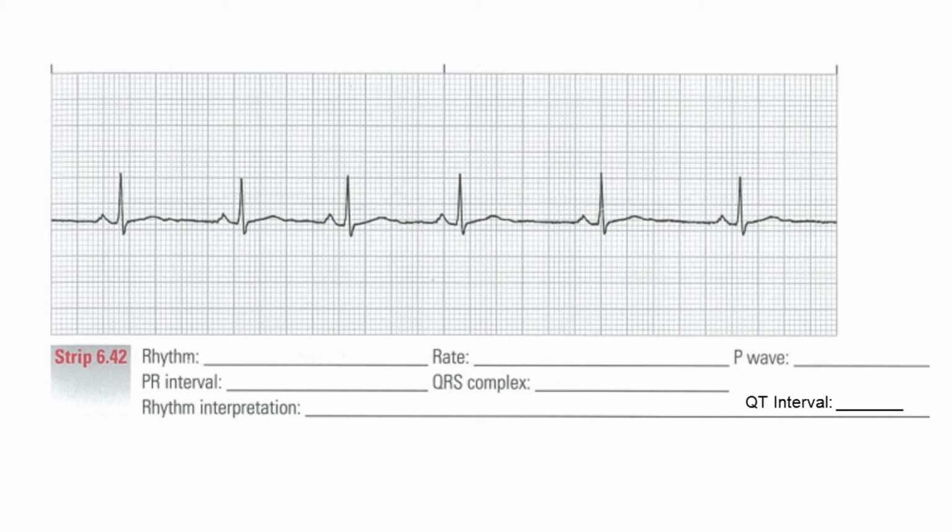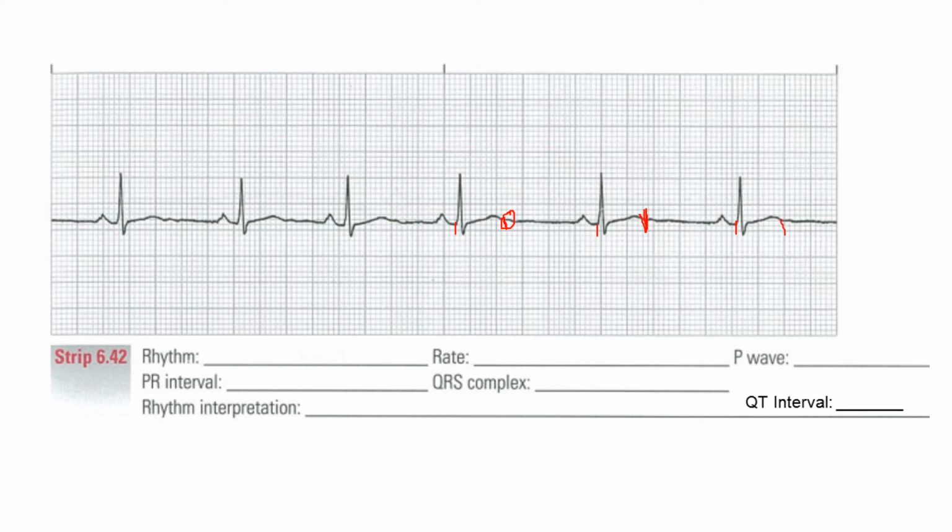All right, so your QT looks pretty long. It almost looks that way because there's a U wave hanging on it. But that's actually where your T wave comes to an end right here, and right on the end of it is a U wave.